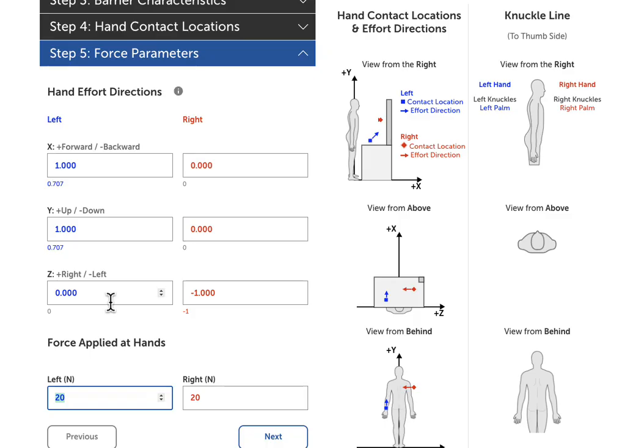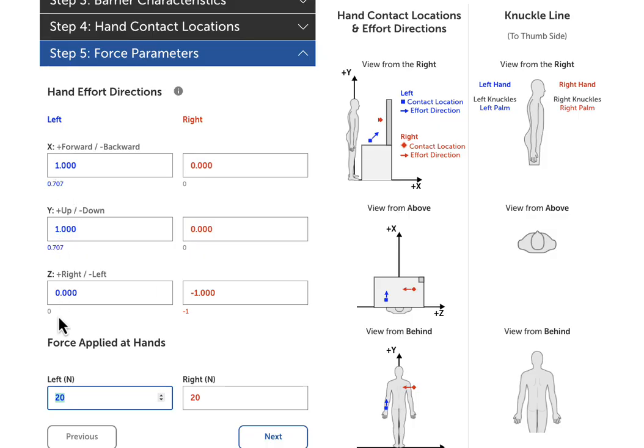And so you can put in these. If you know the actual vector, then you can put that in. If you know it's 22 newtons forward and 57 newtons up and 37 newtons to the right, then you can enter those values, and then it will calculate the unit vector. So it's equal parts forward and up, so the unit vector would be 0.707 and 0.707, because this squared plus this squared would add up to 1.